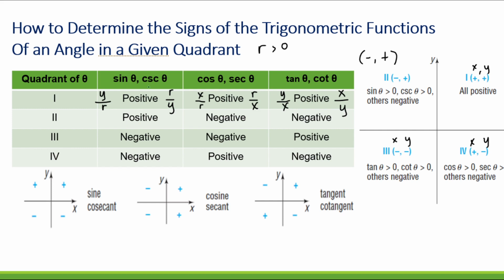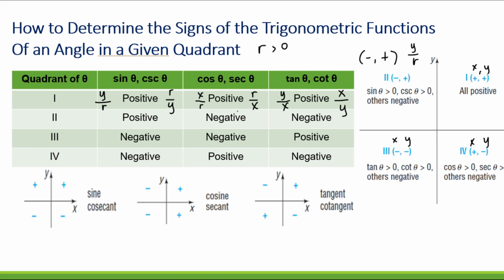But generally, let's say I wanted to know the sign of the sine of theta in quadrant 2. Well, I know that sine is y over r. And so looking here, I see that y is positive in quadrant 2. So therefore, the sine of theta is positive in quadrant 2.